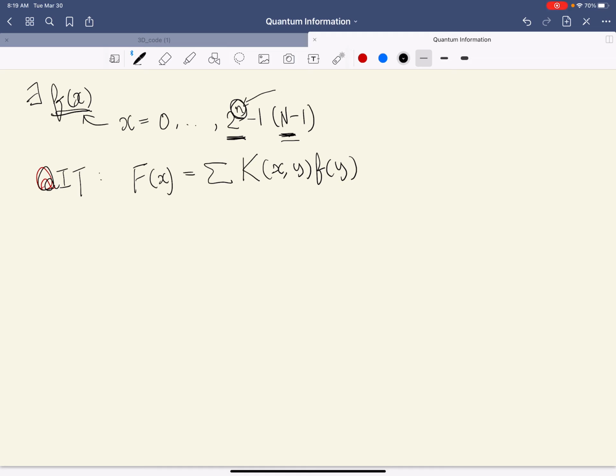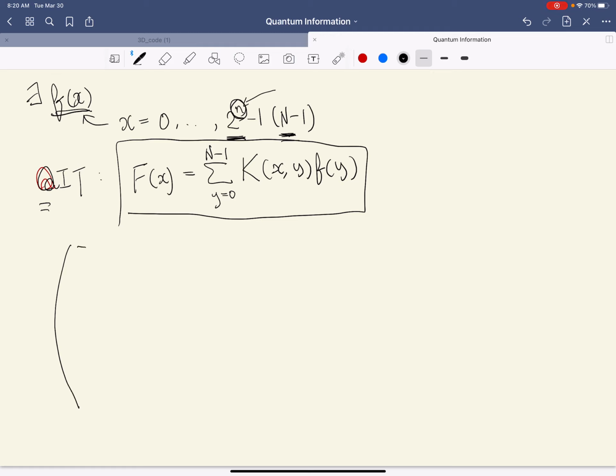Actually, this definition alone has nothing to do with being quantum. You can pretty easily recognize that this is nothing but a matrix multiplication.